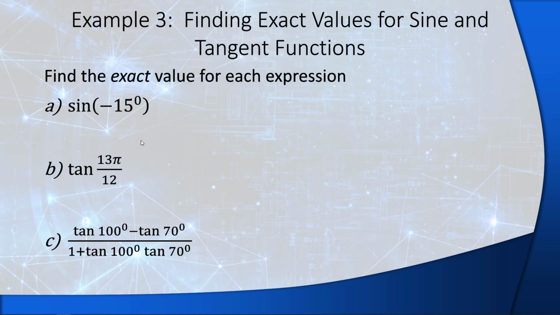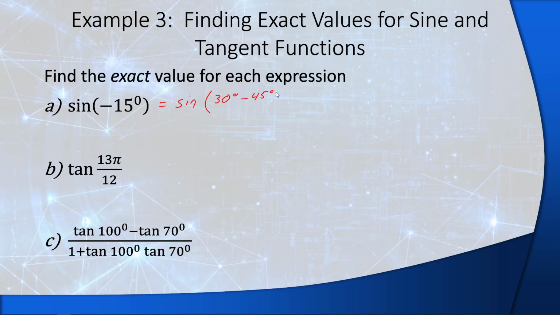Okay, first we want to find the sine of negative 15 degrees. So what we need to do is find two angles which we already know the exact values for, which will sum to negative 15. And the two that come to my mind are the sine of 30 degrees minus 45 degrees.